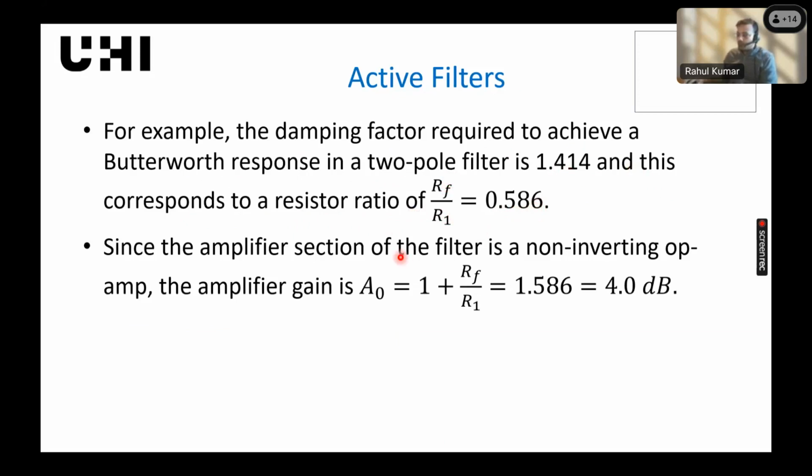So we can use that to calculate the low frequency gain. Okay, so the low frequency gain comes out to be around 4 dB.